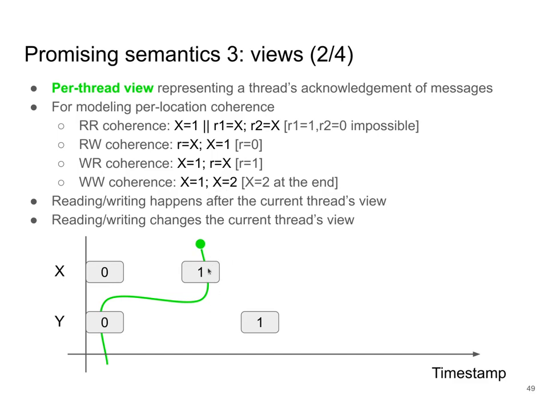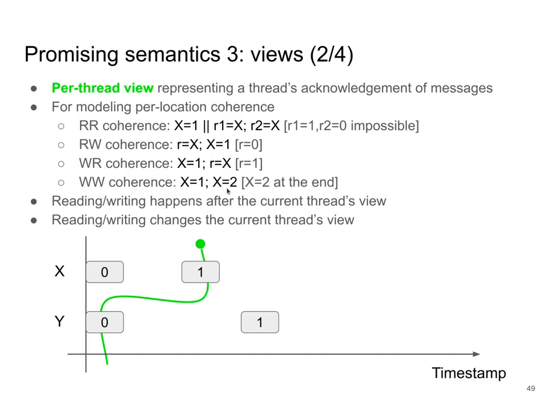After this, you have to write the message, and the message should be placed here, because the per thread view is here, and you can write anywhere you want as far as it is after the per thread view, but not here. Here is already overwritten by this message, so this cannot be placed with a new message that is due to this X equals 2.